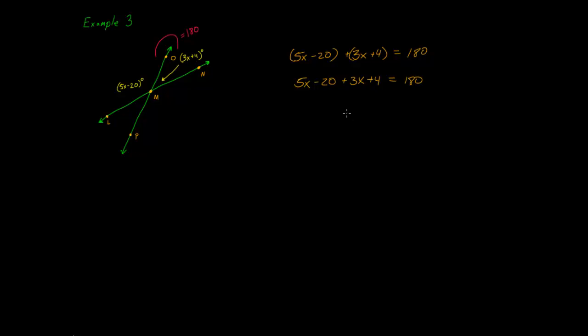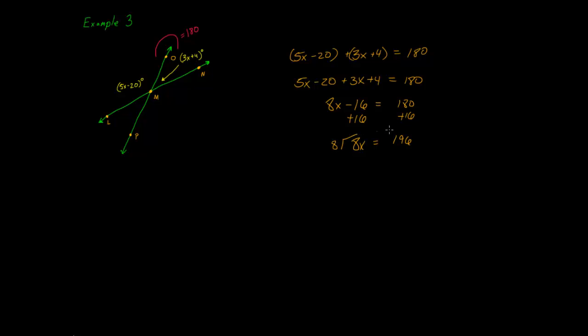So we're going to go ahead and combine like terms. You'll end up with an 8x, negative 20 and a positive 4, minus 16 is equal to still 180 on this side. Add 16 to both sides. 8x is equal to 196.